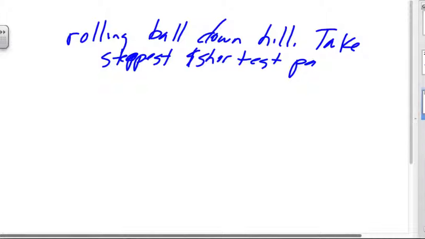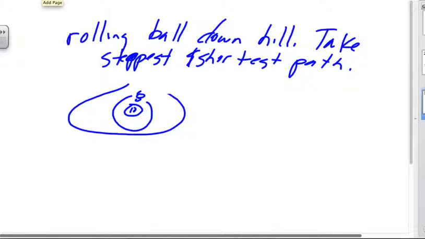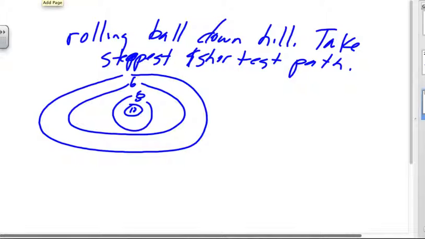So if we draw a contour map where it's 10, this is 8, 6, and 4.